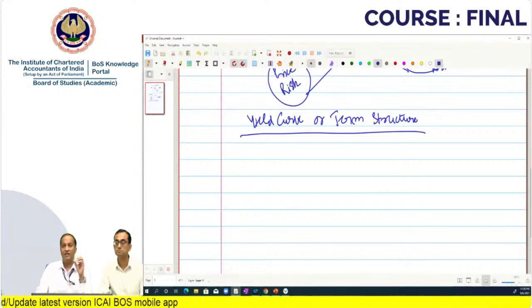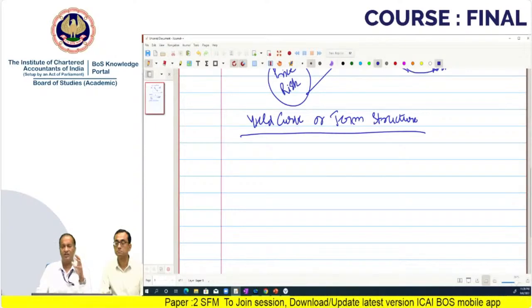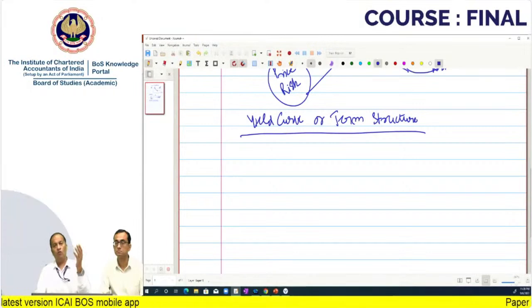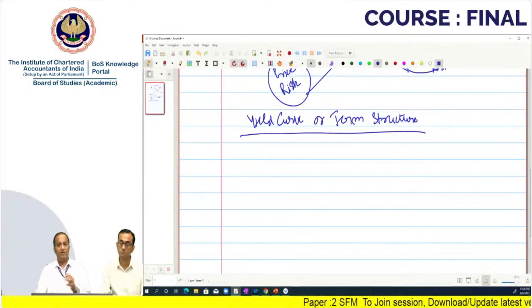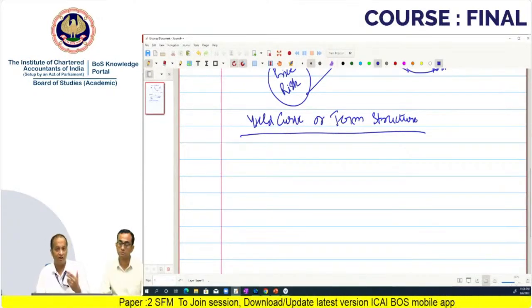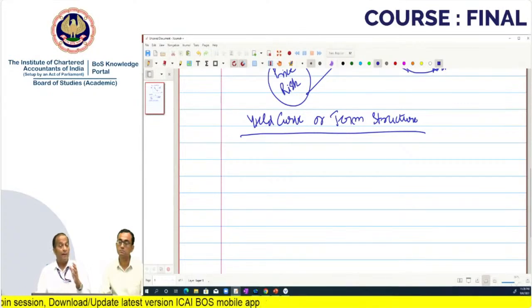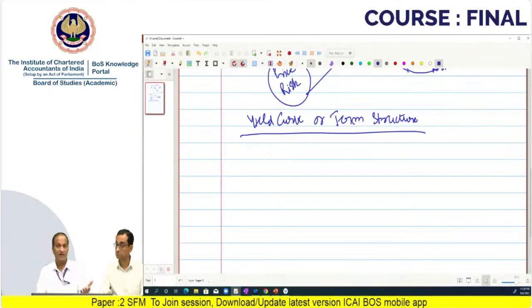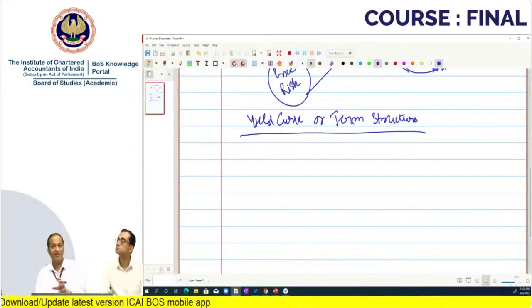Yield curve is based on one very logical reason: if we go for an investment for a long period, of course we shall expect a higher interest rate. This happens because some risks are attached to it, like liquidity risk and default risk. So in addition to that, we get a premium.